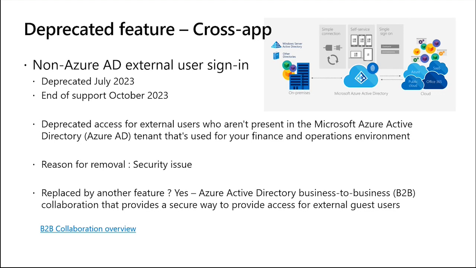That's deprecated as of July, and then end of support for that feature is in October. What it's being replaced with is the Azure Active Directory business to business feature that allows you to set up and provide a secure way to give access for external users.